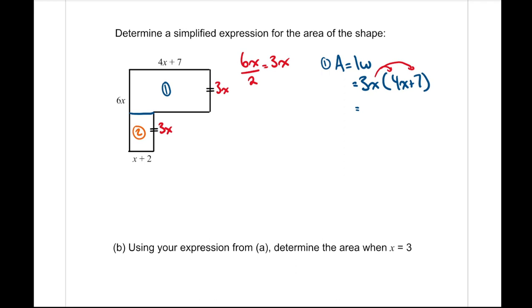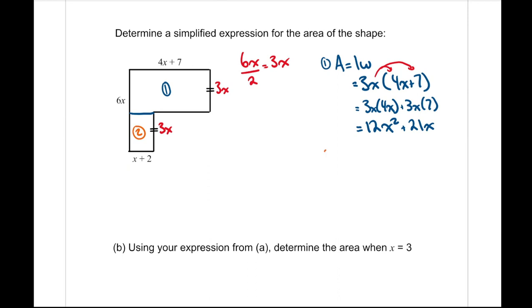So 3x times 4x plus 3x times 7. Again, when we have numbers and letters, multiply your numbers. 3 times 4 is 12. x times x is x squared. And then 3x times 7 is 21x.